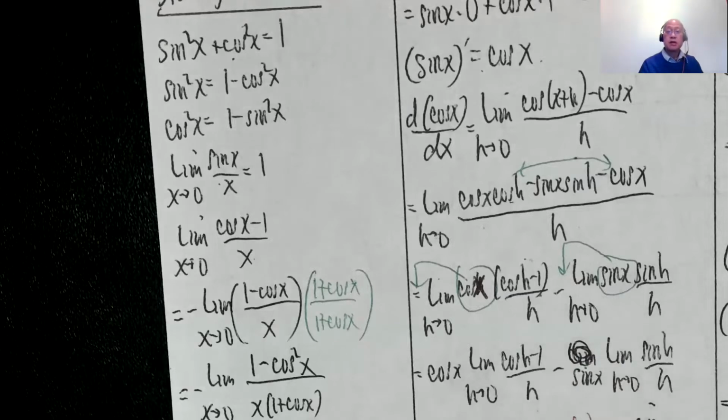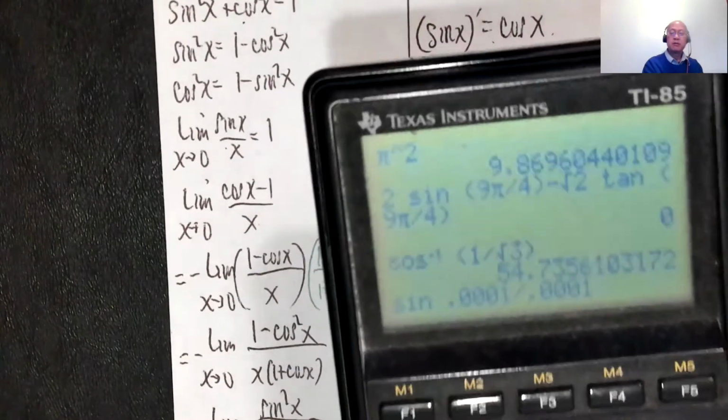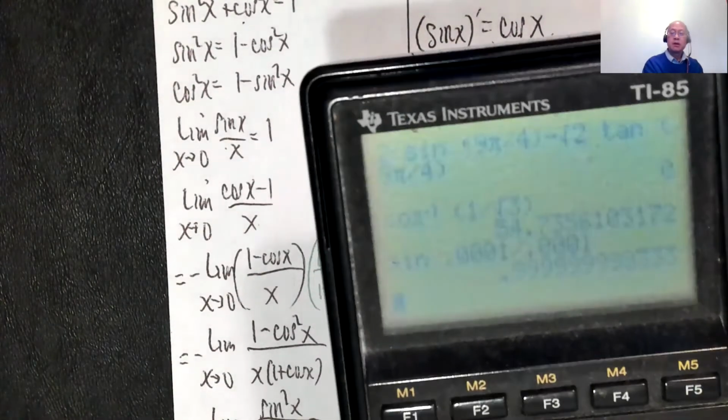So sine x over x: sine 0.0001 divided by 0.0001, just for example, gives 0.9999999, and now my screen is frozen. Hopefully you can still see that, but it's practically 1.